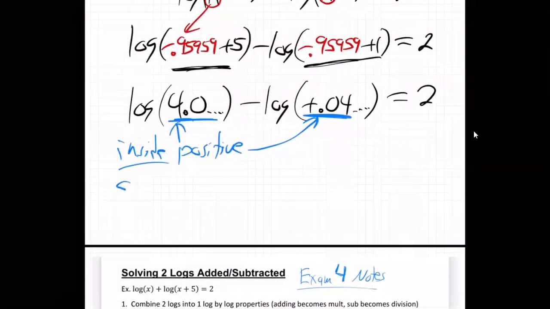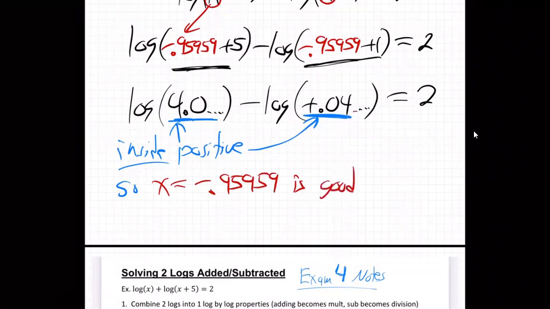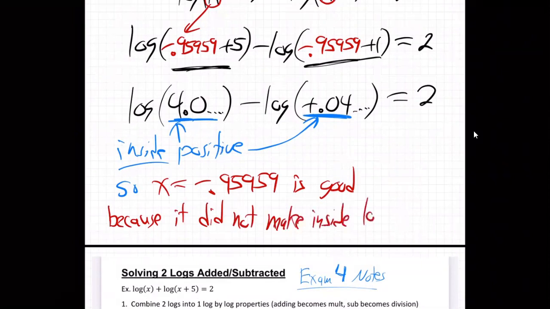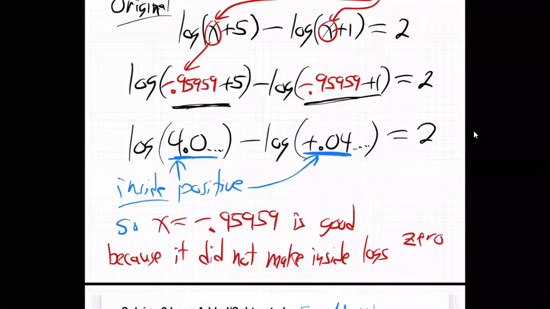So x equals minus 0.95959 is good because it did not make the inside of the logs 0 or negative, right?